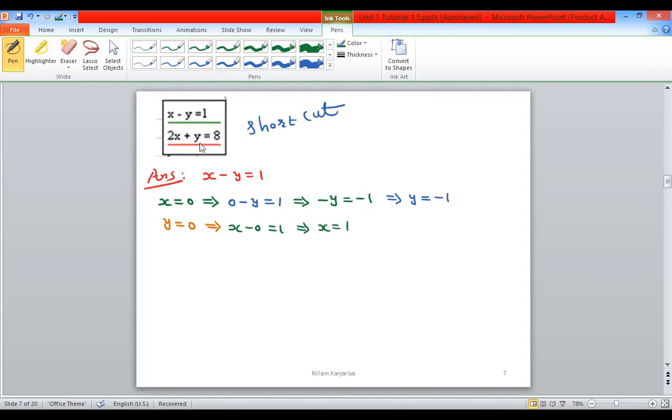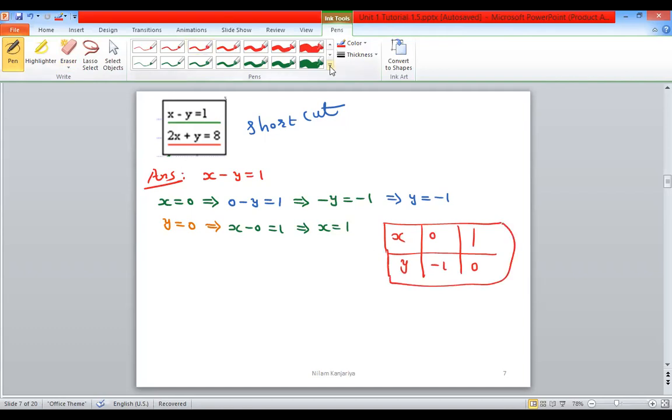So this is your small and beautiful table already, just a two value table. X is 0, y is minus 1. Y is 0, x is 1.